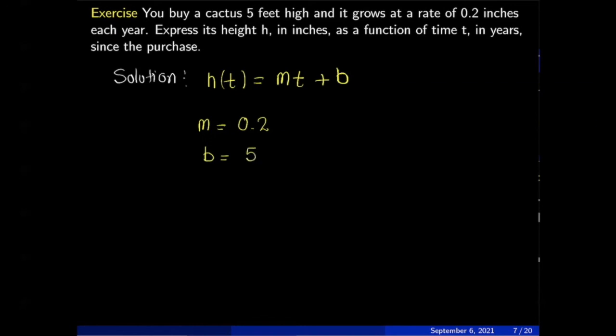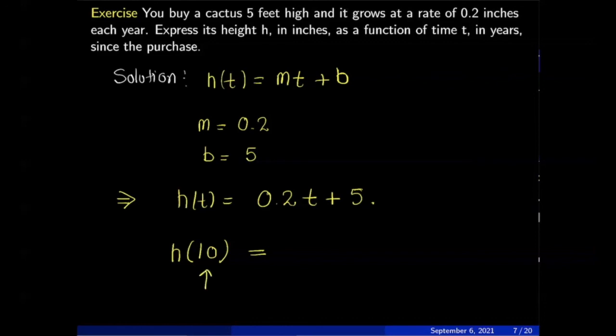So therefore, the function of the cactus height is going to be h of t equals 0.2 t plus 5. This will be the height of the cactus. And then, a very interesting problem, you can even predict what will be the height of the cactus after 10 years by just inserting 10 into your function.